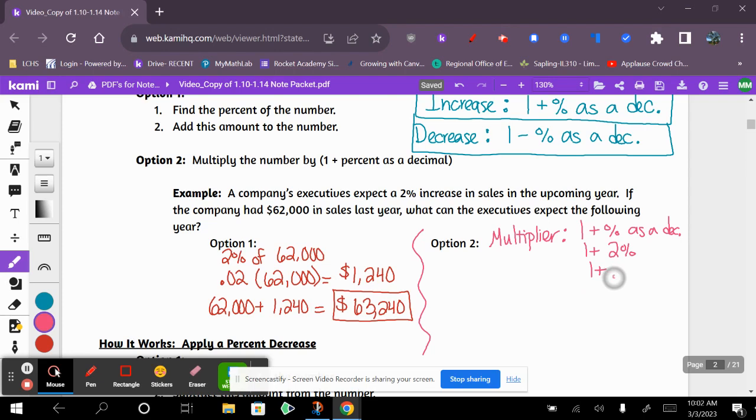So that will be 1 plus 0.02. So our multiplier is 1.02. Once you find your multiplier, the only step after that is to take 62,000 and multiply that with the multiplier. So you're just going to take 62,000 times 1.02, and you end up with the same exact answer of $63,240.